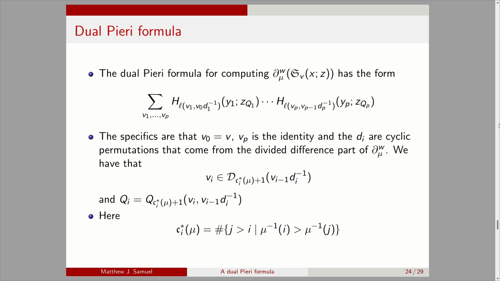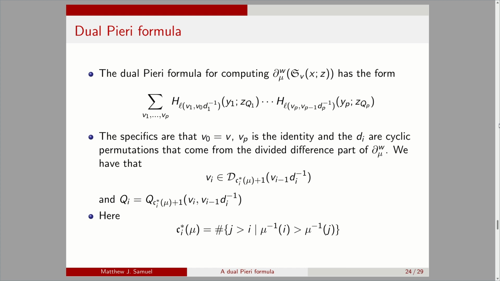So I can express exactly what the vi are. They're elements of d ci star mu w plus 1 of vi minus 1 di inverse, and the q sets are the corresponding q ci star mu plus 1 of vi and vi minus 1 vi inverse.